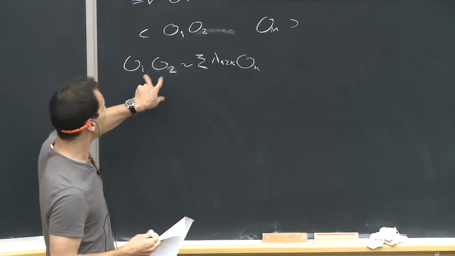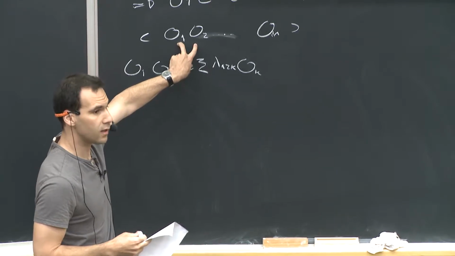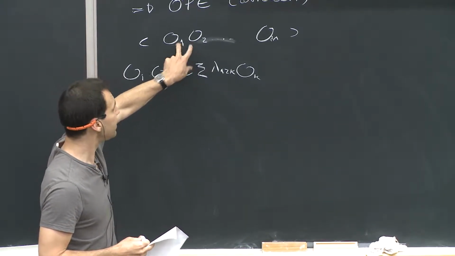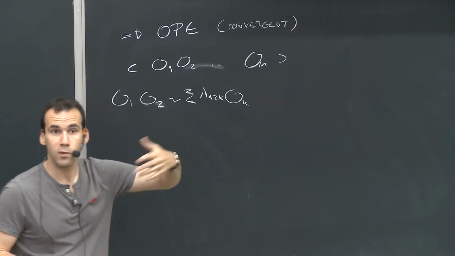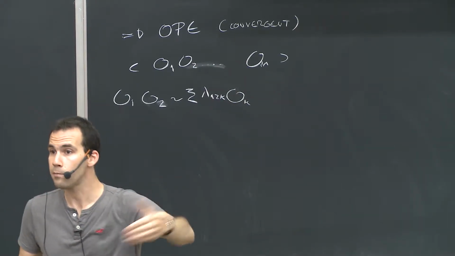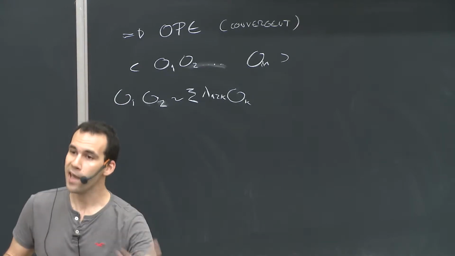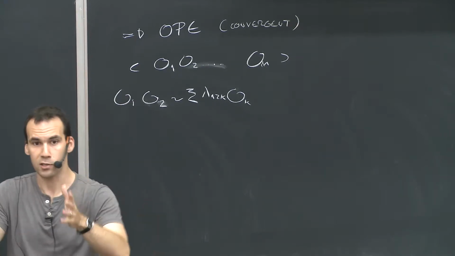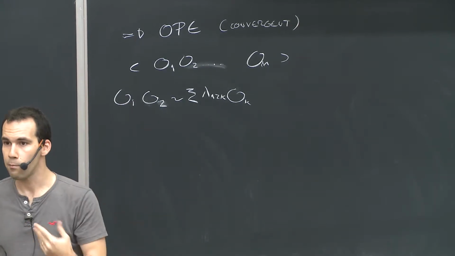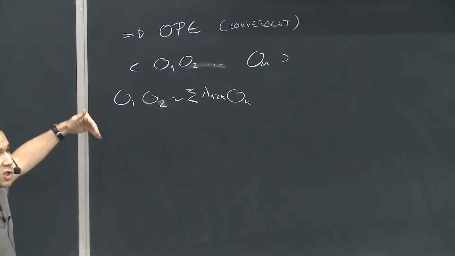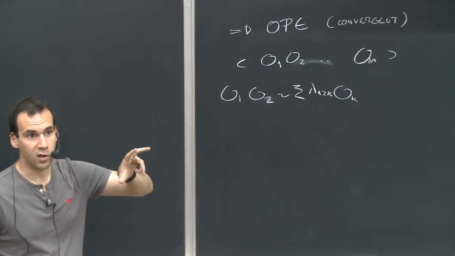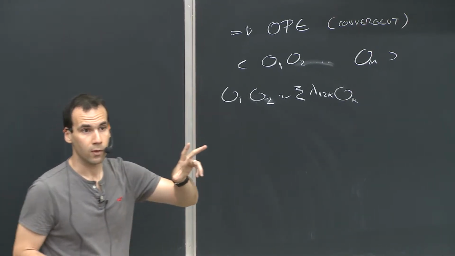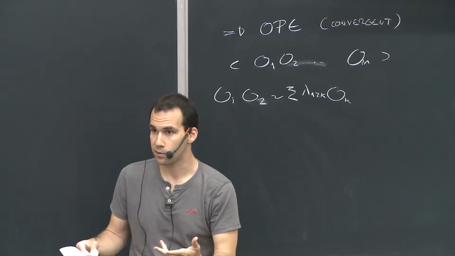And so you can just plug this into this correlator to systematically reduce the number of insertions, right? So you start with n, you end up with n minus 1, but there's an infinite sum. Then you do it again, you have a double sum, but now there's n minus 2. And you keep doing this, and at some point you'll reach just some gigantic sum of three-point functions. But the three-point functions, you know. Okay? You know that they are fixed by conformal invariance, right?